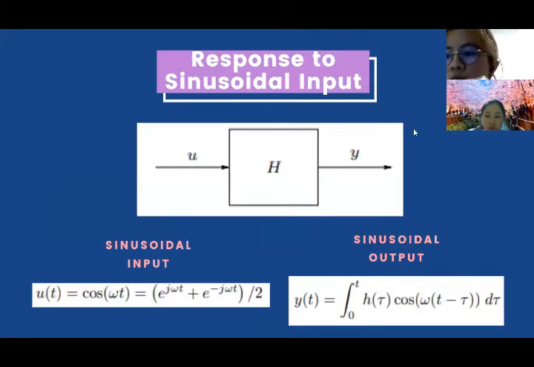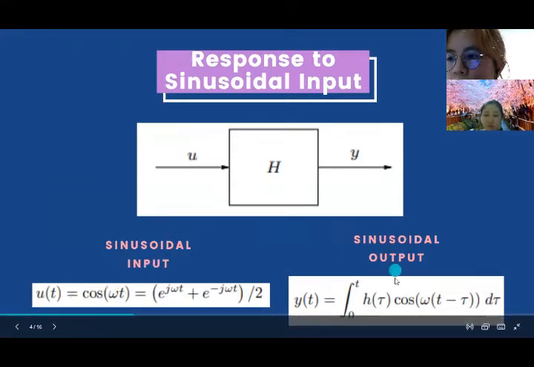So the convolution system with impulse response h and transfer function H. We can then describe the system like in this picture. The sinusoidal input will be as such, meanwhile the output as such.